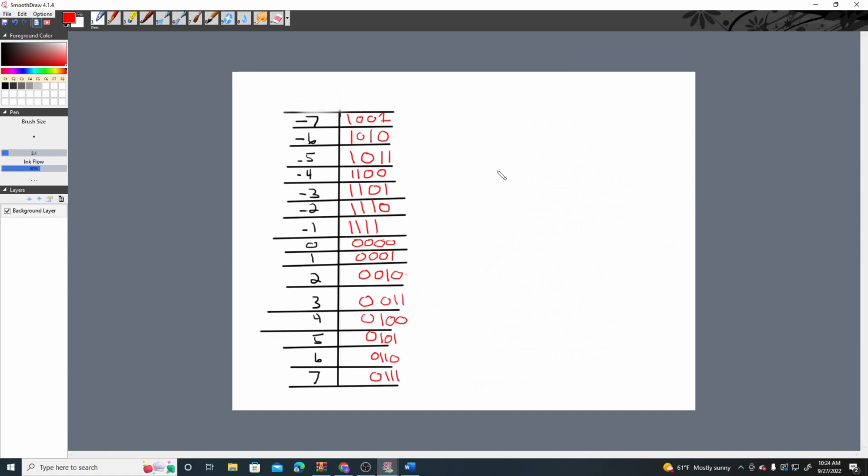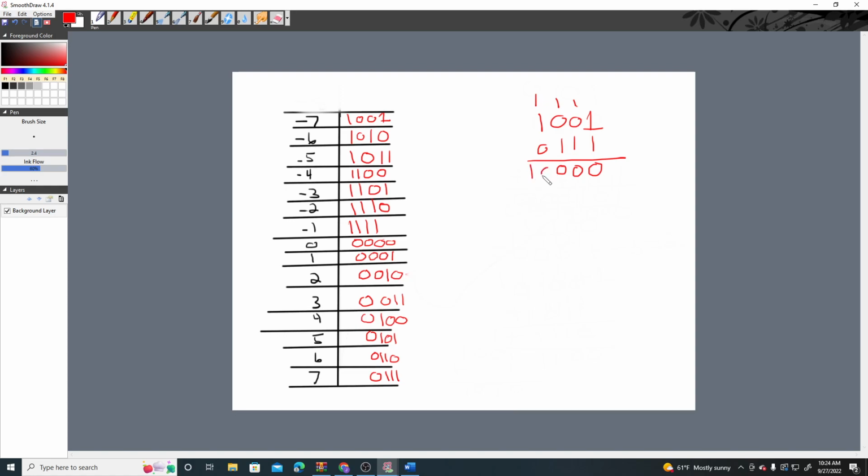Let's try negative 7 plus 7. So negative 7 is 1, 0, 0, 1. And positive 7 is 0, 1, 1, 1. And let's go ahead and add these. 1 plus 1, put the 1 there, put the 0 there. 1 plus 1, put the 1 there, put the 0 there. 1 plus 1, put the 1 there, put the 0 there.